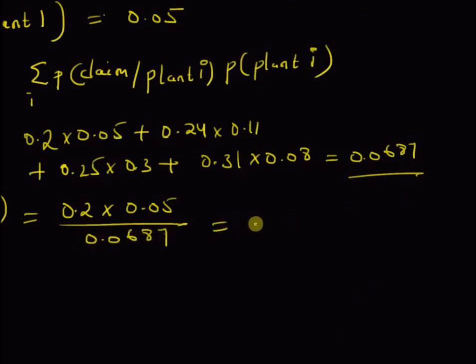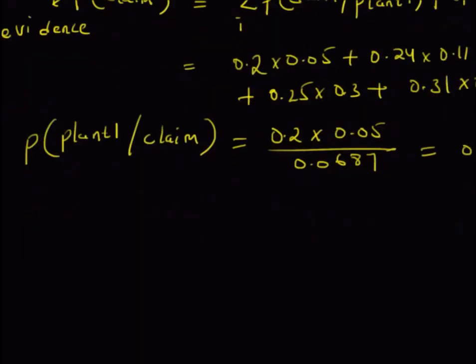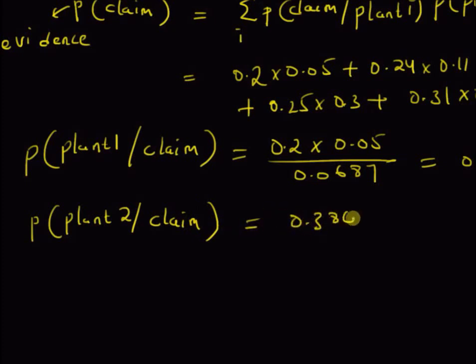So the answer should be equal to 0.14. That's the probability that the car comes from plant 1 given the information that a claim is made. Similarly, we can calculate the probability of plant 2 given the information on the claim, that is, given a claim is made, it should be equal to 0.384.